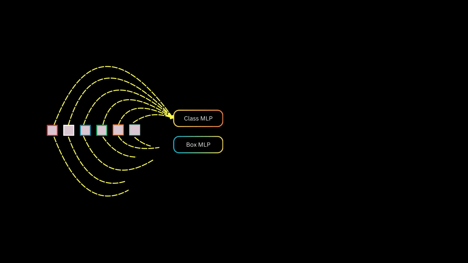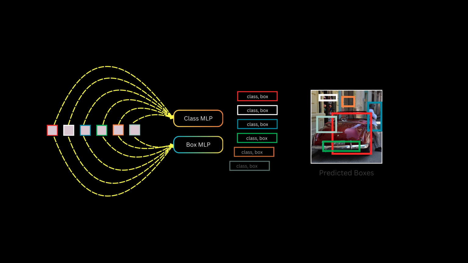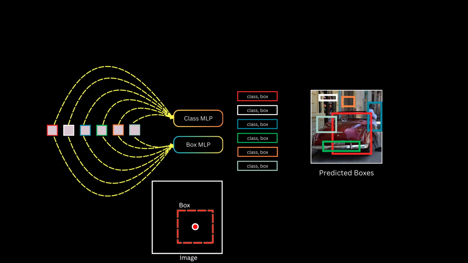Then finally, each of these object query representations are used to make single bounding box prediction and also single set of class probabilities using two MLPs. For each object query, DETR predicts the CX, CY, width, and height coordinate of a box. These coordinates are normalized from 0 to 1, so W and H equals 1 means the predicted box is of same dimension as that of image.